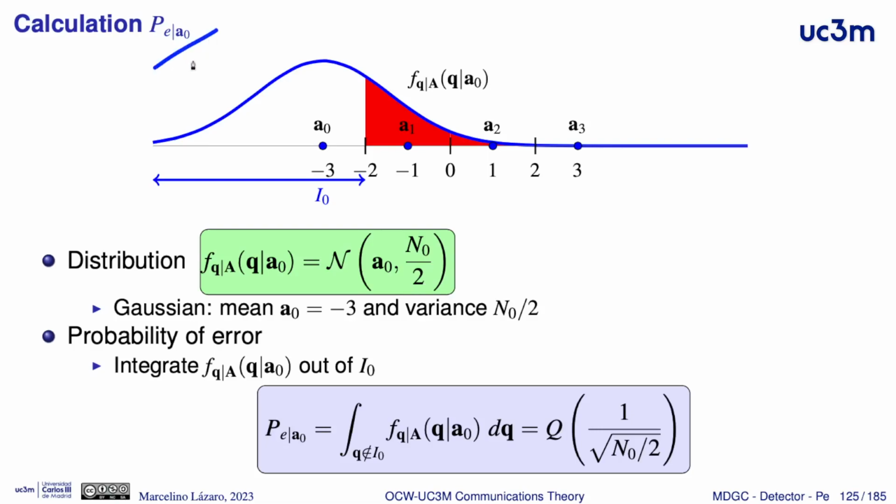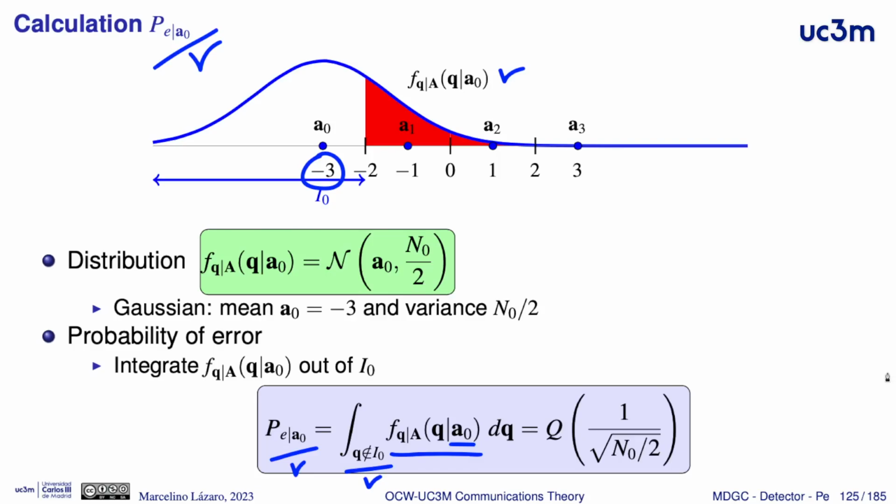We start with the conditional probability of error for symbol A0. The conditional probability of error for a given symbol is obtained by integrating out of the decision region of this symbol the conditional distribution of the observation given this symbol. In this case, the conditional distribution of the observation given A0 is a Gaussian distribution with mean A0, that in this case is -3. And the decision region for this symbol is from -2 to -infinity.